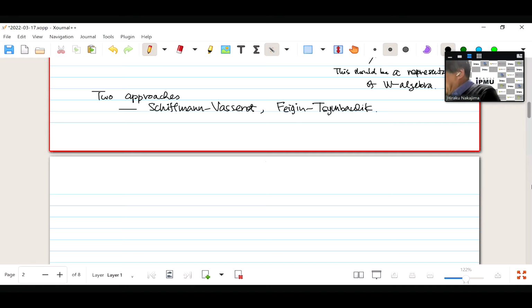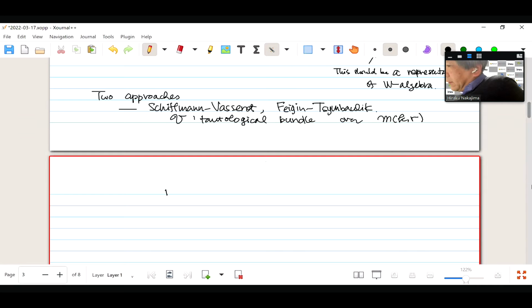So I mentioned the tautological bundle yesterday. This is a vector bundle over M_{K,R}, and then you consider its first Chern class.